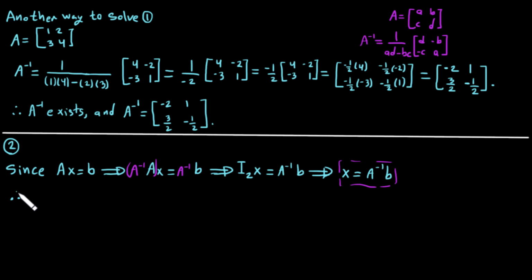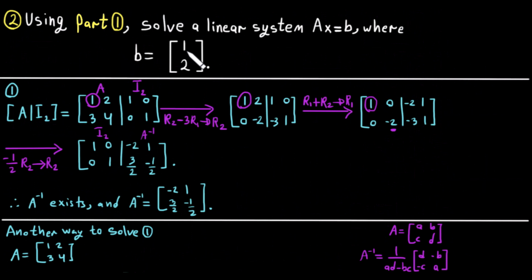Therefore, X equal A inverse B. We find the A inverse like this. We want to copy this one, -2, 1, 3 over 2, negative 1 over 2. What is B? Let's go up. B is 1, 2.